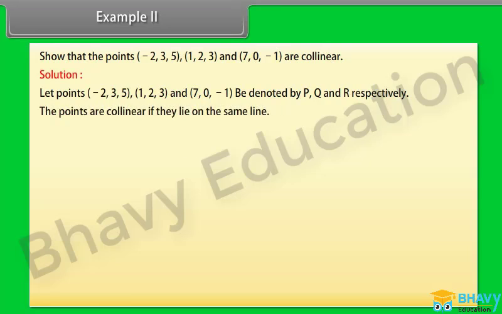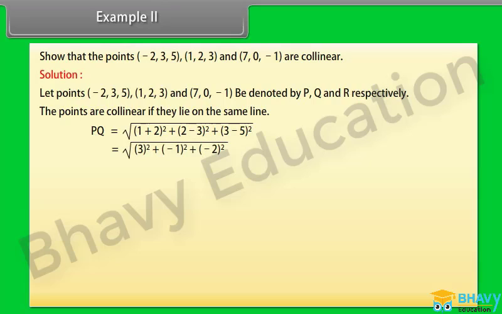The points are collinear if they lie on the same line. PQ is equal to the square root of (1 + 2)² + (2 - 3)² + (3 - 5)². After calculating PQ, we get the square root of 14.